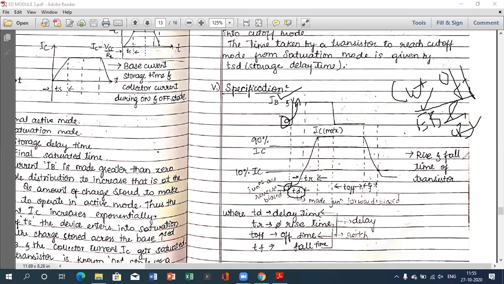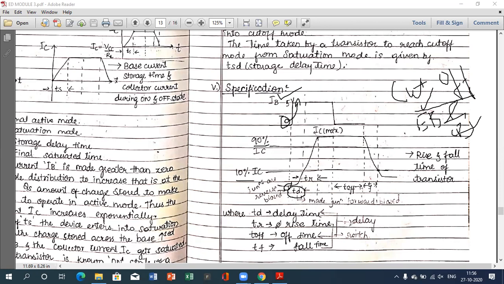In this case, when the base current goes from 0 to 5 volts, the collector current starts rising. It rises from 10% to 90% of the collector current, and this time is called rise time.